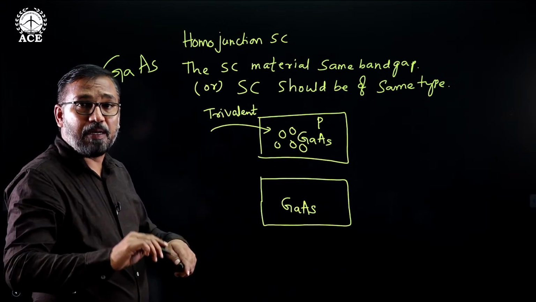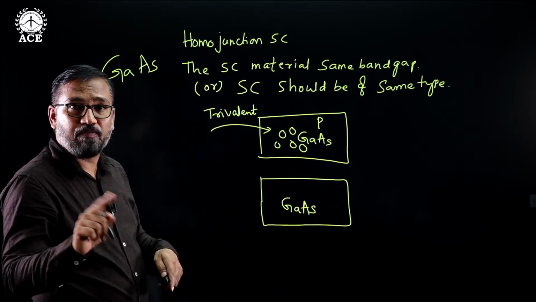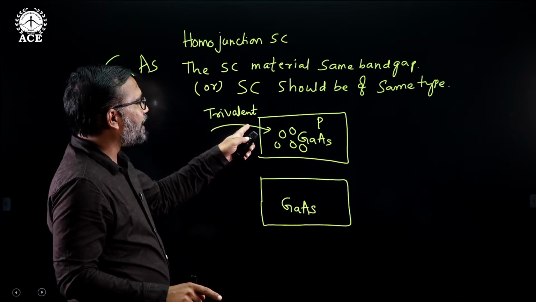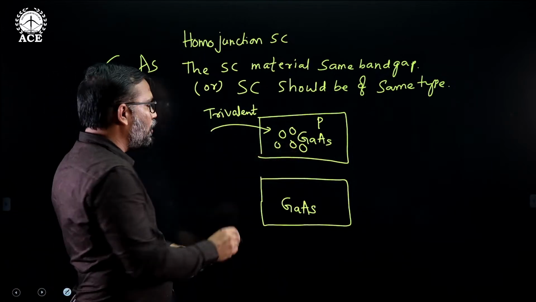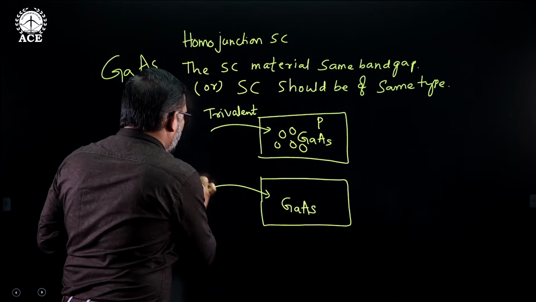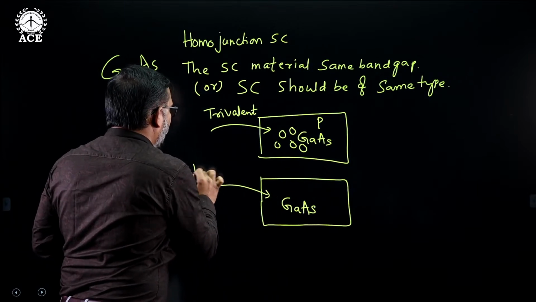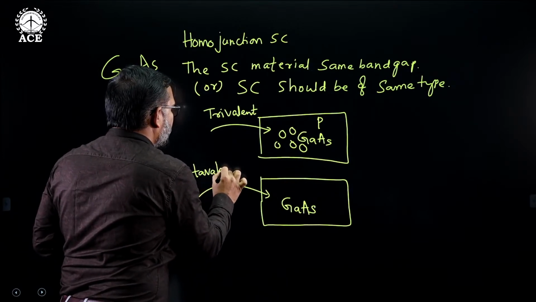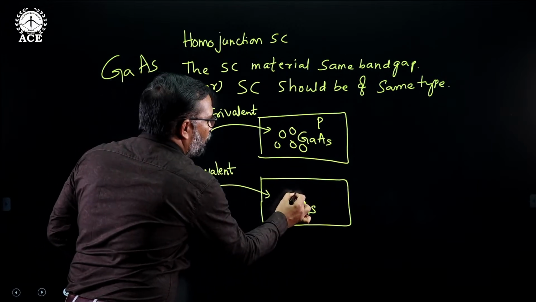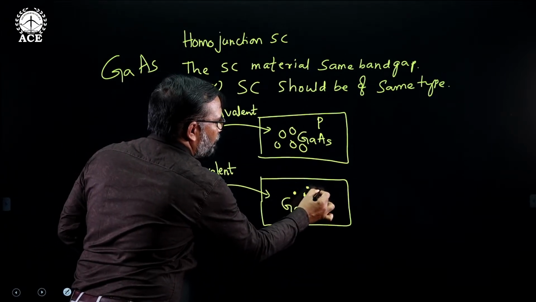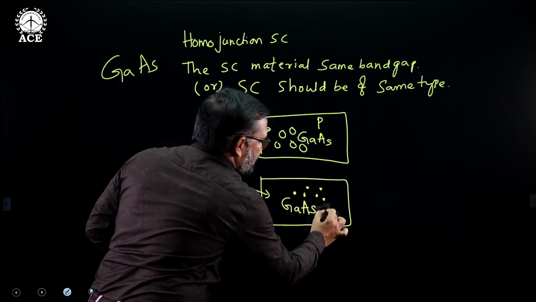But how will it become p, how will it become n? Because it is doped with trivalent, you will have more holes. When you dope with pentavalent, it will have more electrons in it. So it is n-type.